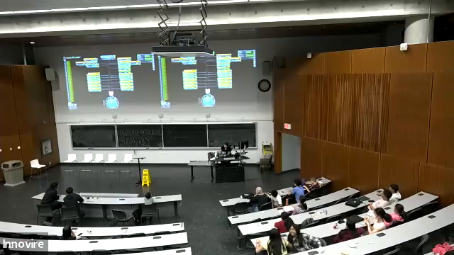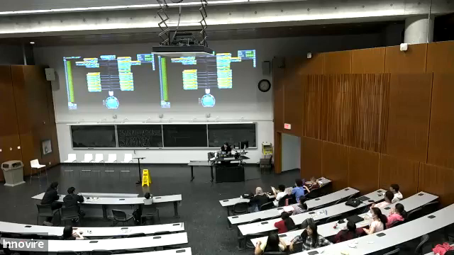Yeah. So these are all the different spots on the rocket that have fuel and oxidizer.